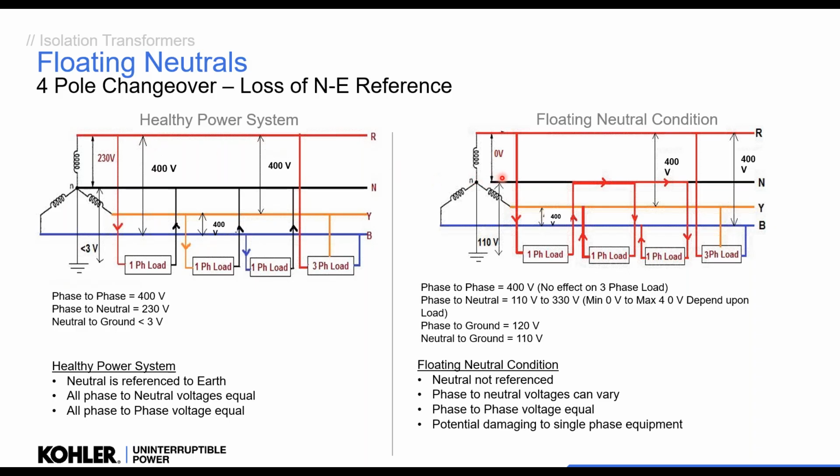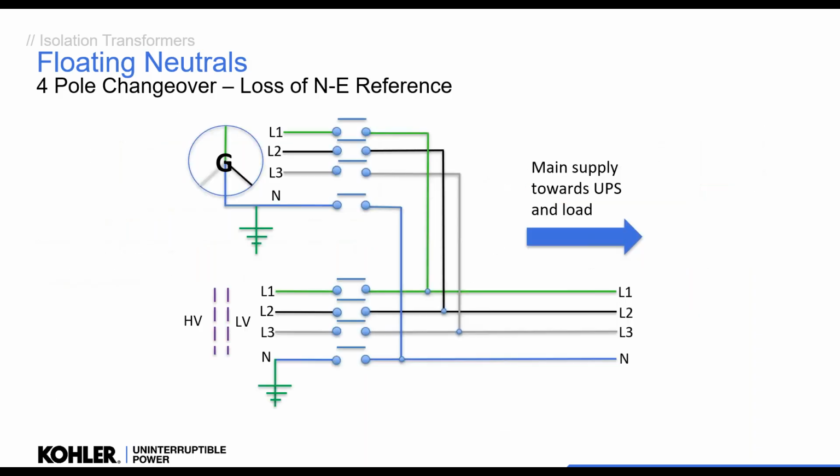Now, people get confused with a floating neutral when its distribution neutral is lost. Now, this is obviously very dangerous, very unstable. Okay, line to neutral voltages can be 0 to 400 volts, causing a lot of damage. Now, this isn't what we're trying to overcome. This is just to show you the difference between the neutral and earth.